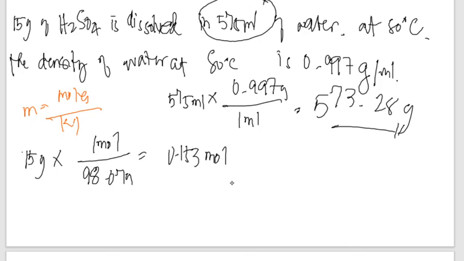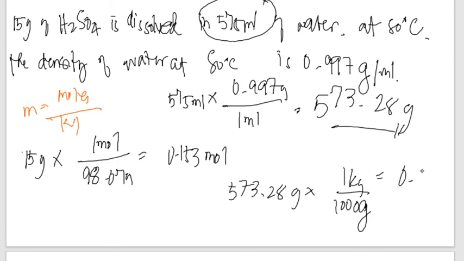Okay? Pwede na ba tayo magpatuloy? 573.28 grams times 1 kilogram per 1,000 grams is equals to 0.573 kilogram. So, okay na. Pwede na tayong compute.